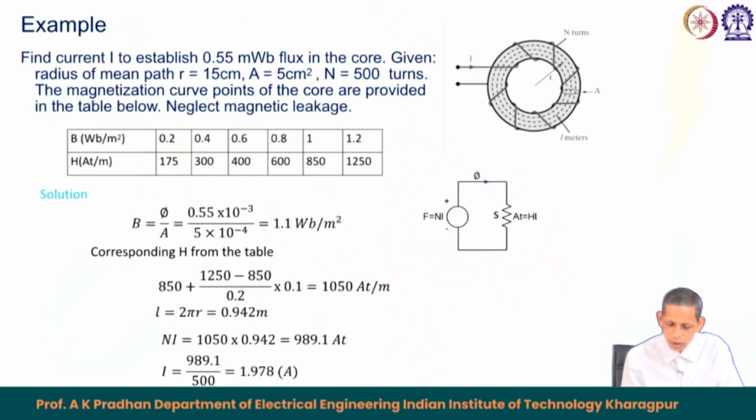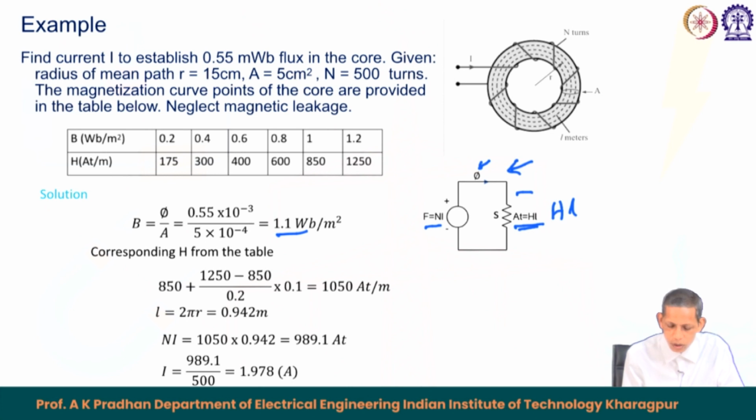So, in conclusion, this is the magnetic circuit equivalent. We say mmf F equals n into I, phi is the flux in the path, S is the reluctance, and the ampere turn across the S equals H into L.